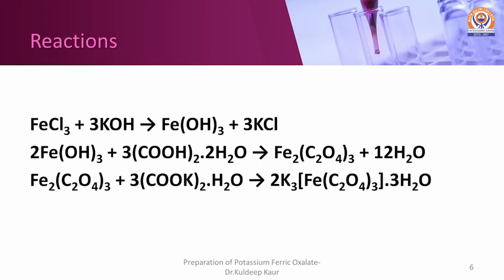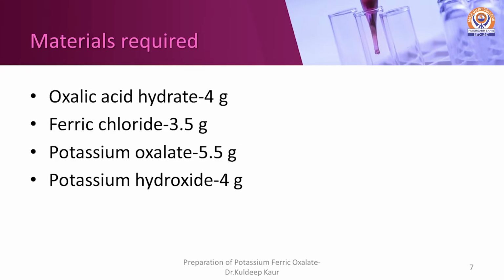First, ferric chloride reacts with potassium hydroxide to form a precipitate of ferric hydroxide. Then ferric hydroxide reacts with oxalic acid to form ferrous oxalate, and then ferrous oxalate reacts with potassium oxalate to form our sample of potassium ferric oxalate.